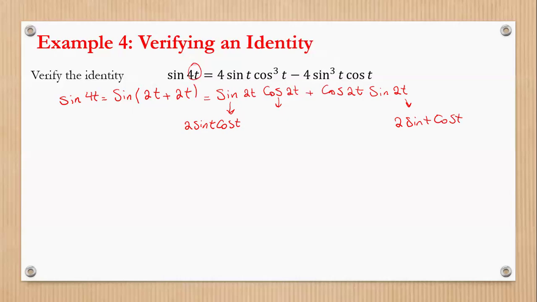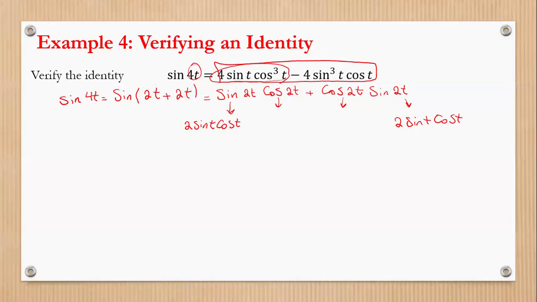So we can use 2 cosine squared minus 1, or we can use 1 minus 2 sine squared. But when I look at the right side of my identity, I see that the first term has 1 sine with 3 cosines. You see?